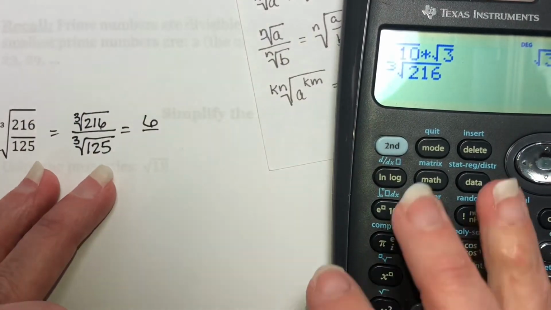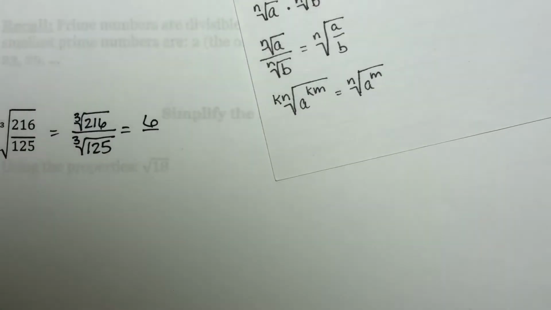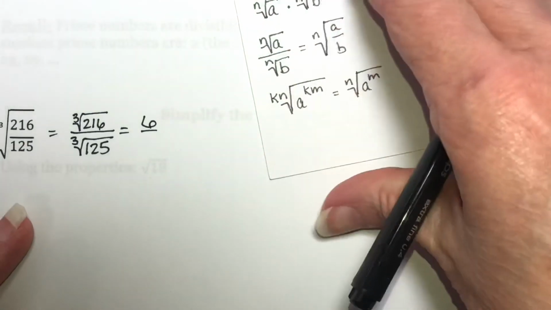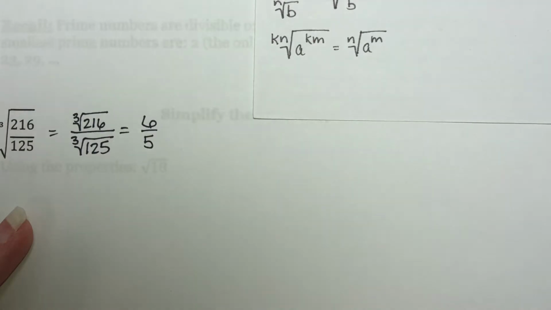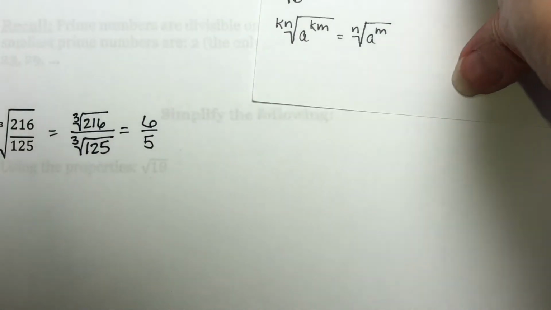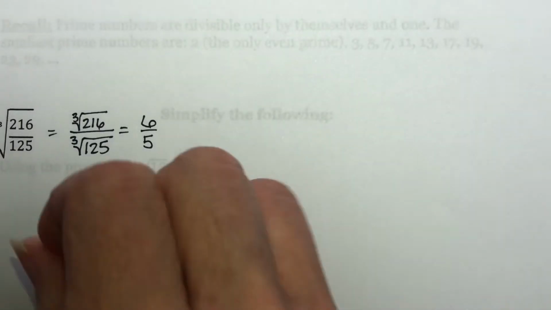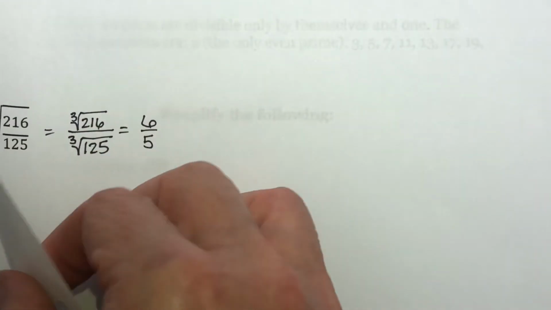And you probably recognize the cube root of 125 because we dealt with it a lot when we were doing sum of cubes and difference of cubes. It is a 5. So this answer is 6/5.